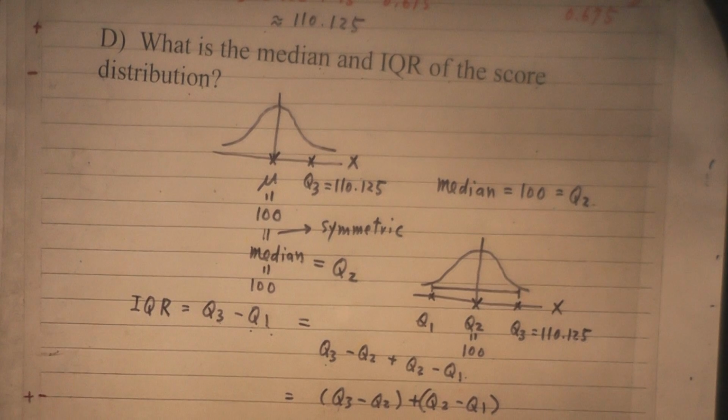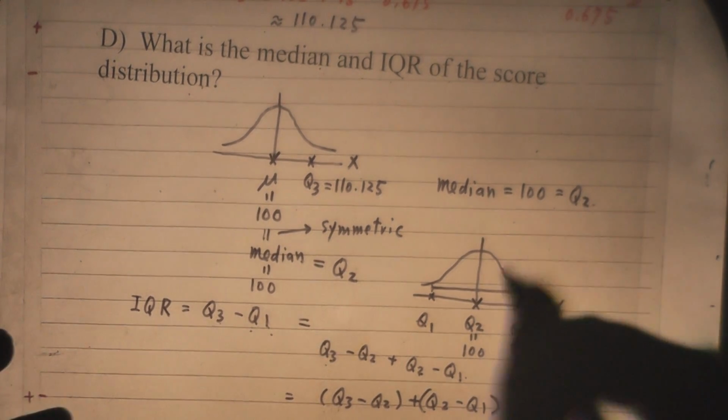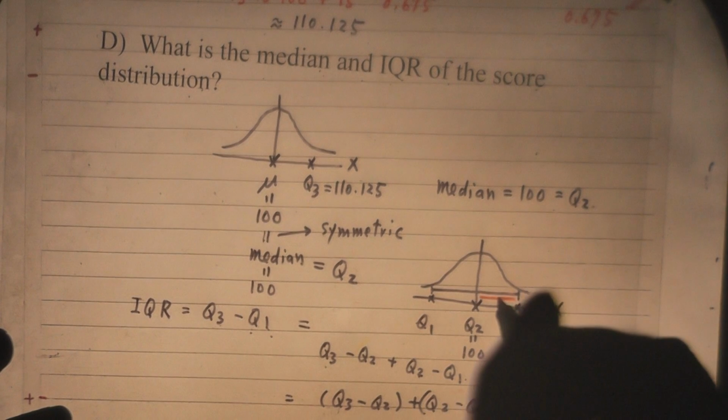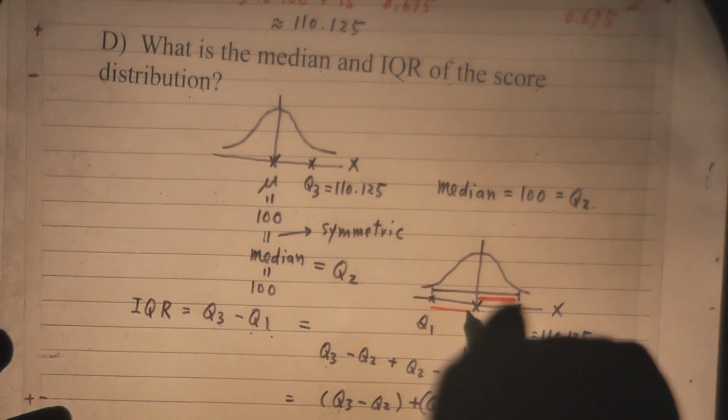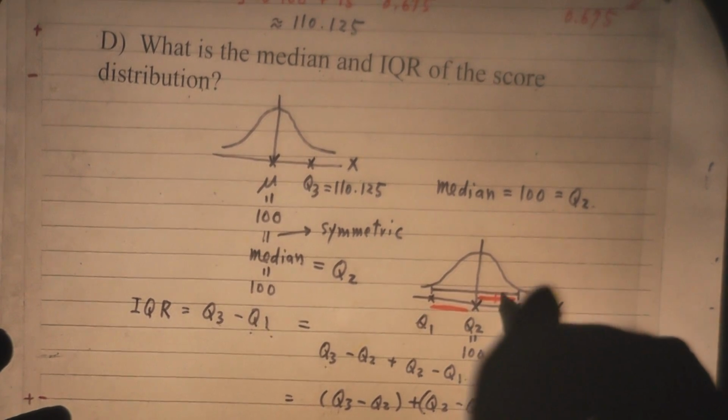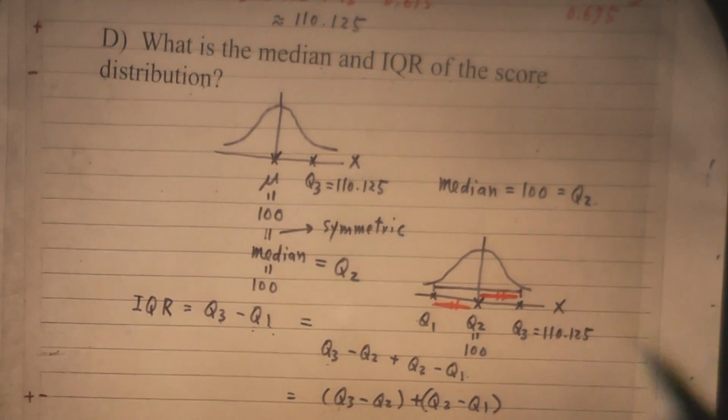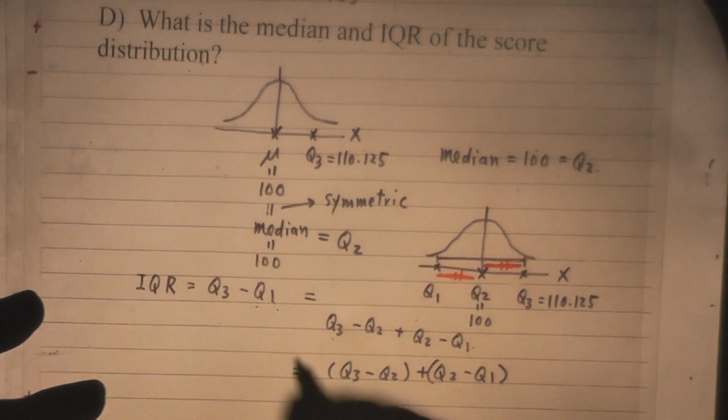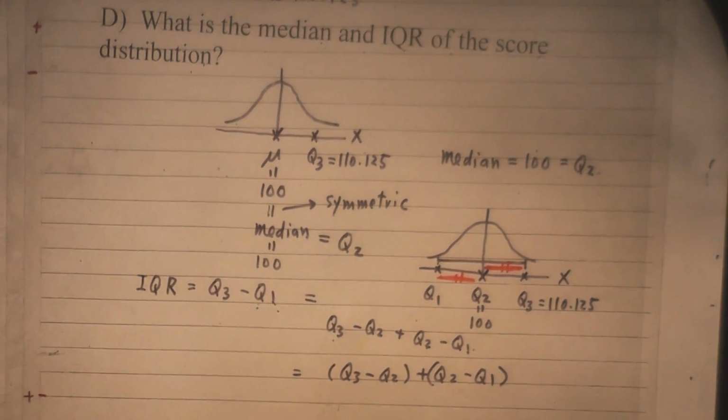And what's so special about this expression? If you look at our picture here, Q3 minus Q2 is this, and Q2 minus Q1 is this. Because of the symmetric property, they are actually the same length. So I don't need to find Q1.